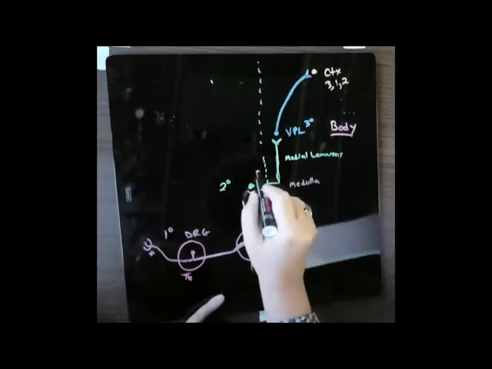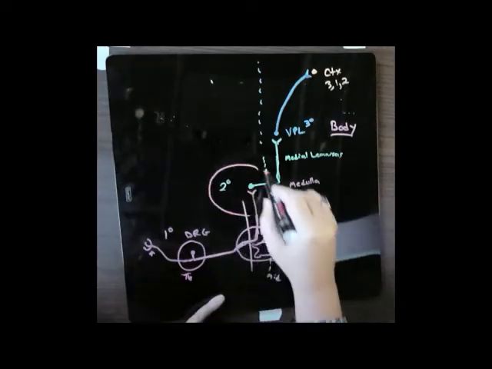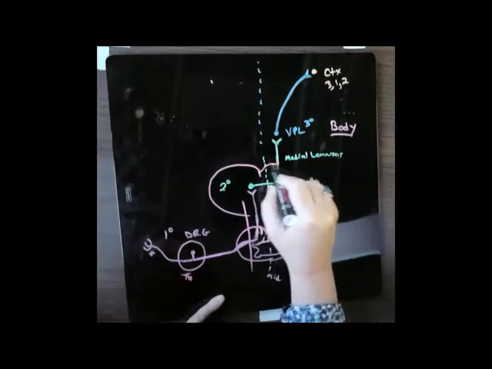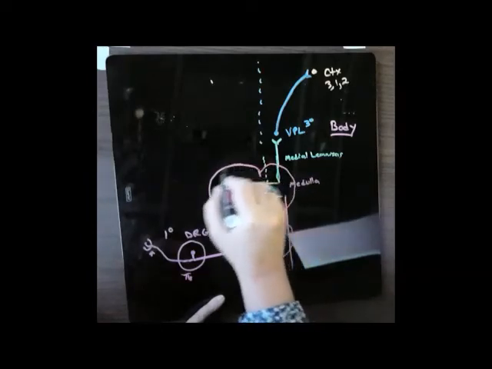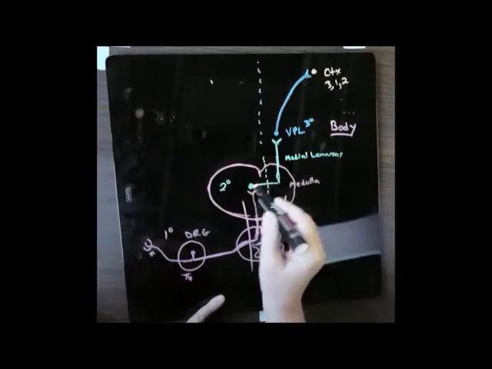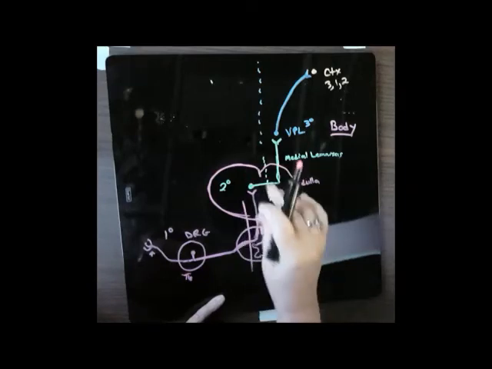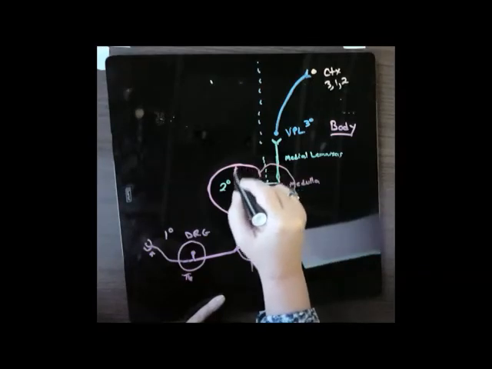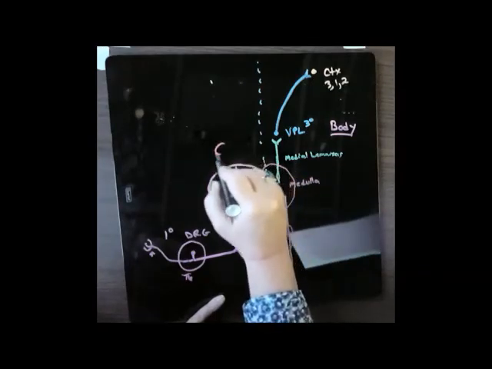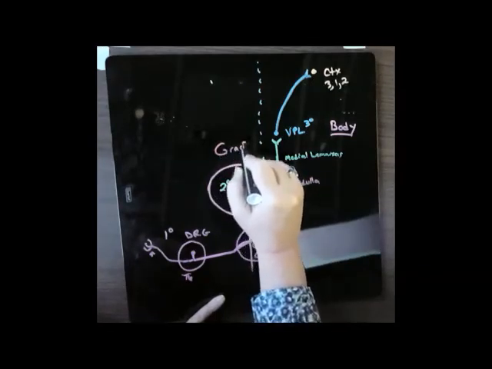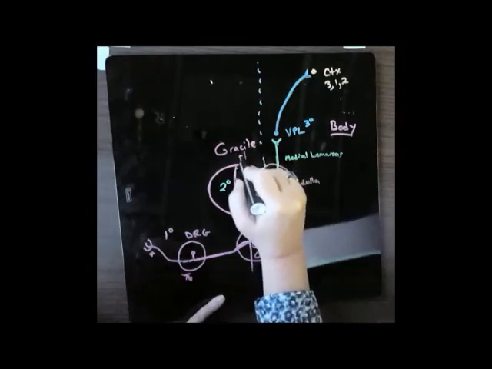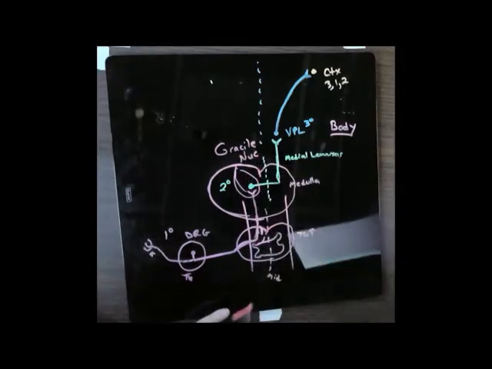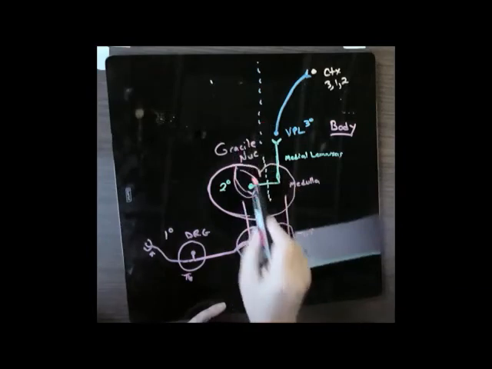At the level of the medulla, the brainstem is a very round structure. It's my bad drawing here. I drew these a little bit close to the midline, but closer to the midline you will have the gracile nucleus.